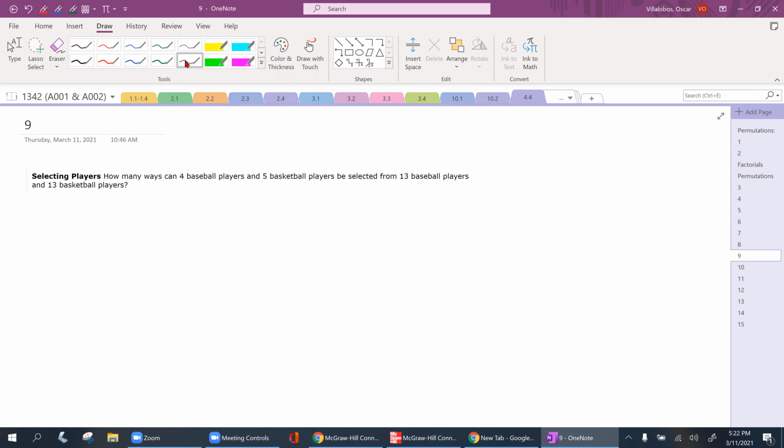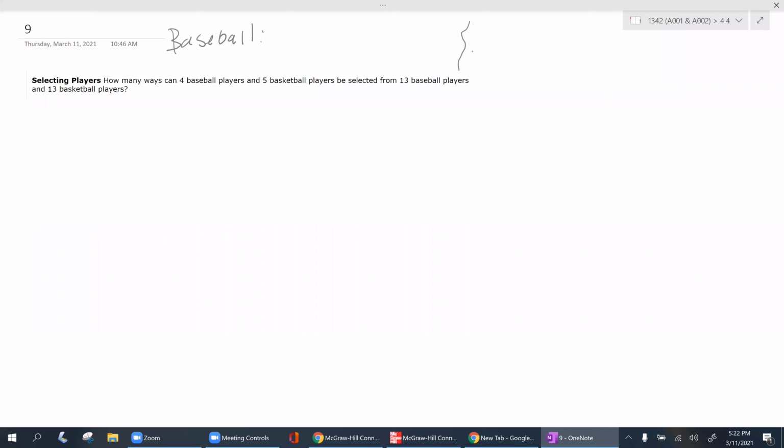First the baseball players, then the basketball players. Regarding baseball, how many ways can I select 4 baseball players from the 13? I know this is going to be 13C4.